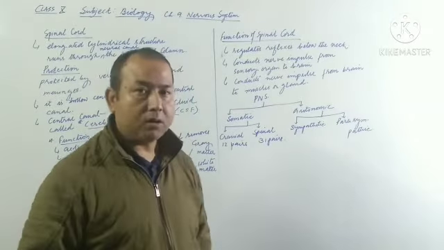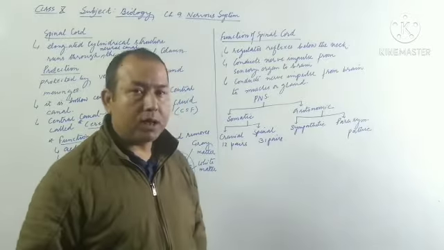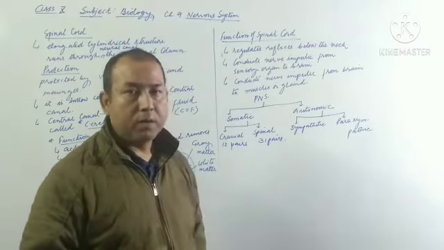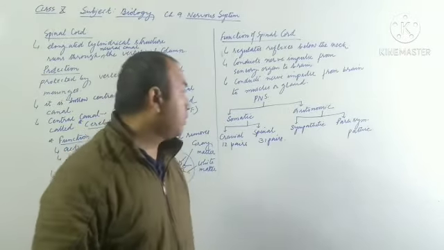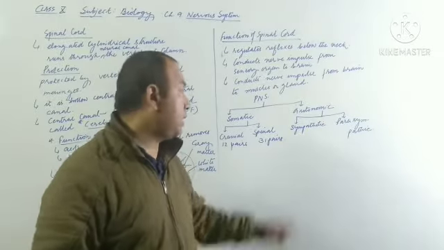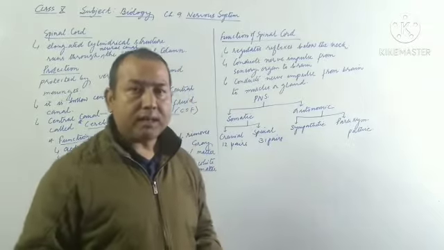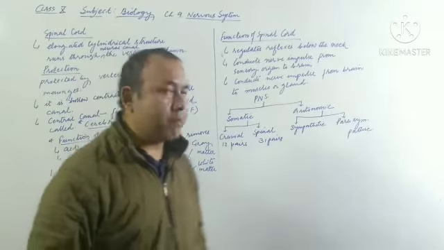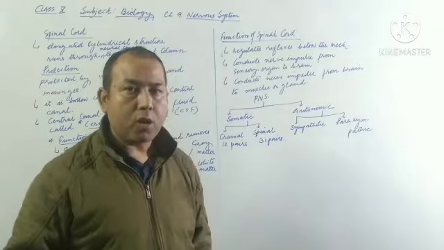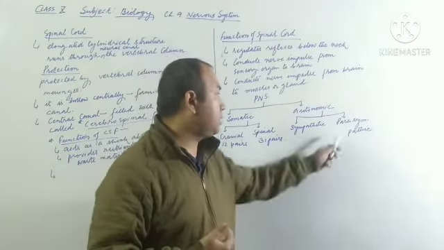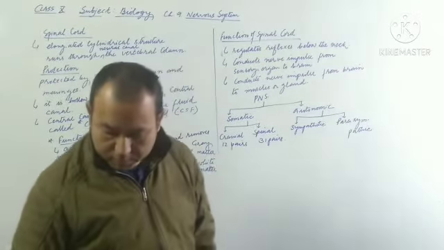So in order to supply enough oxygen to each and every cell of the body, the heart pumps faster. The heartbeat increases, and that is usually done by the sympathetic nervous system. And when you relax after running a marathon, slowly and gradually your heartbeat comes to normal, and that normal state is brought about by the parasympathetic nervous system.